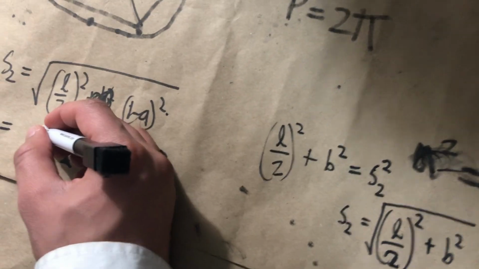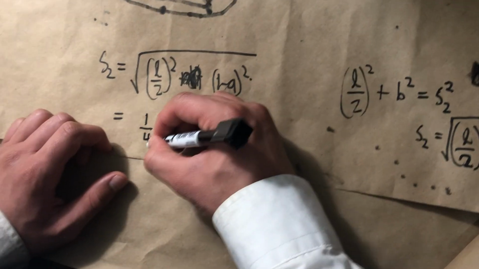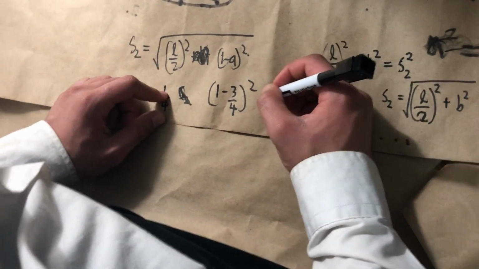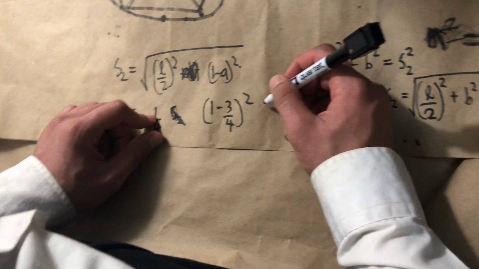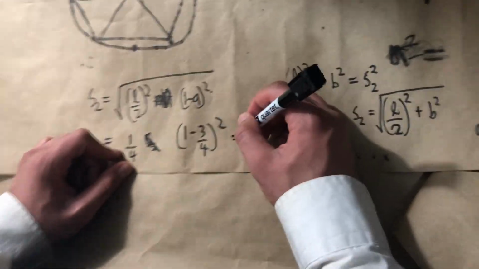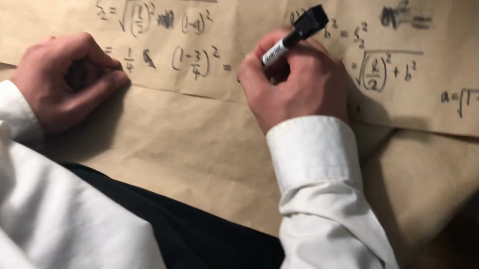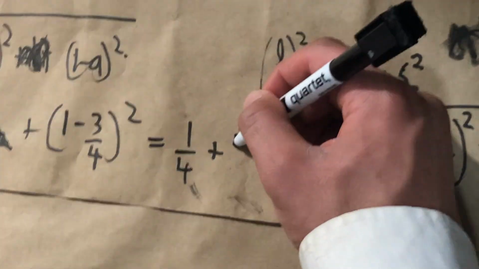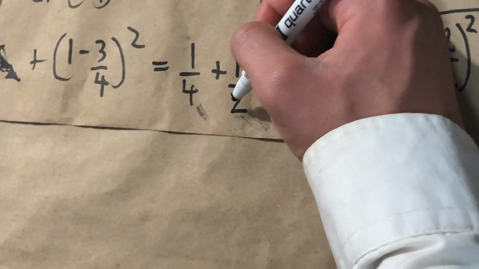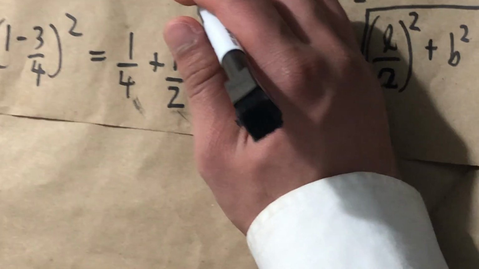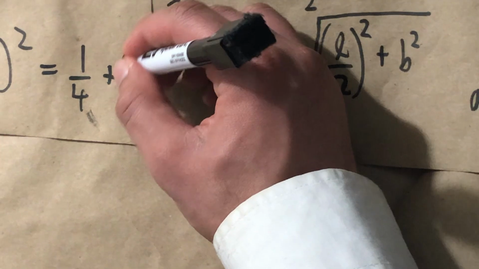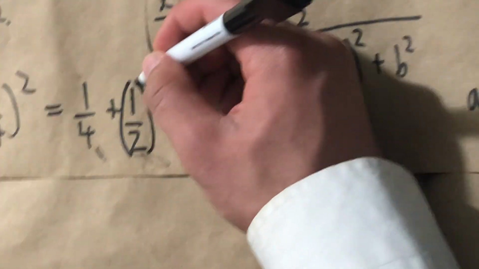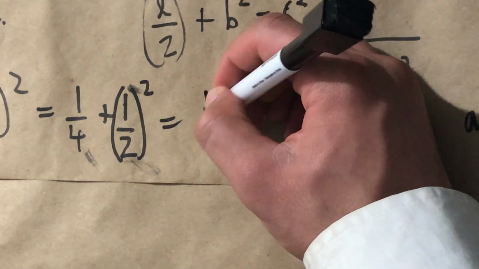I'll just show you for one of these examples that since we know it's just 1 over 2 squared, we don't have to do all this stuff right here, computations and whatnot. 1 over 4 plus 1 over 2 squared, which is equal to just 1 over 8.